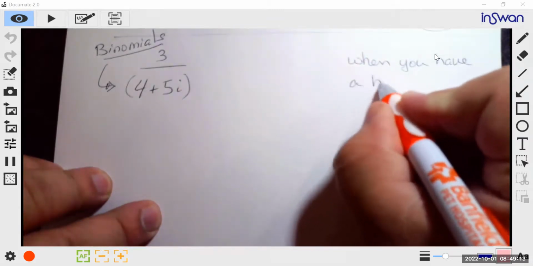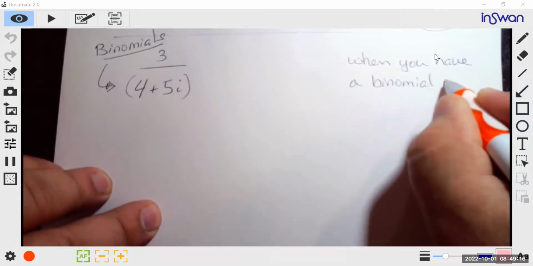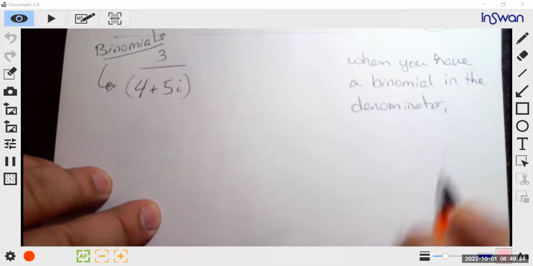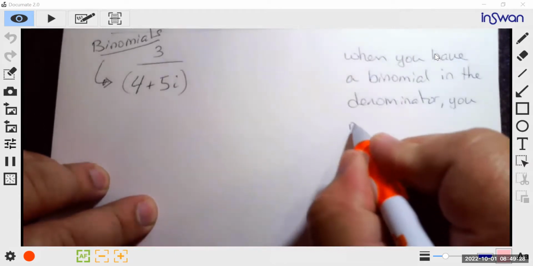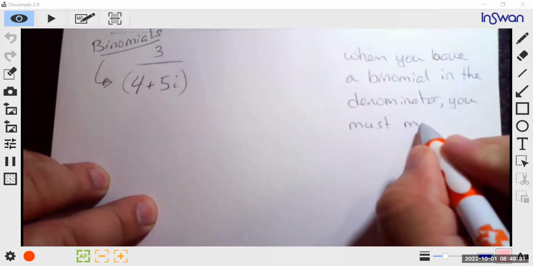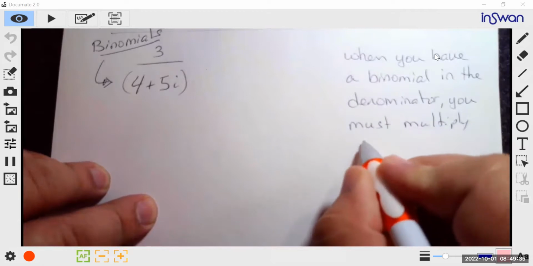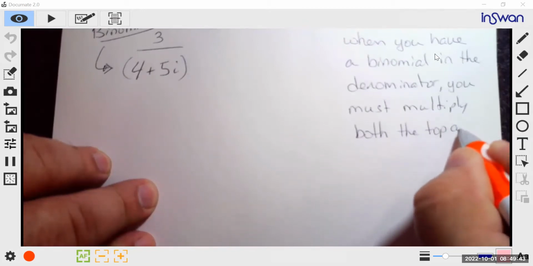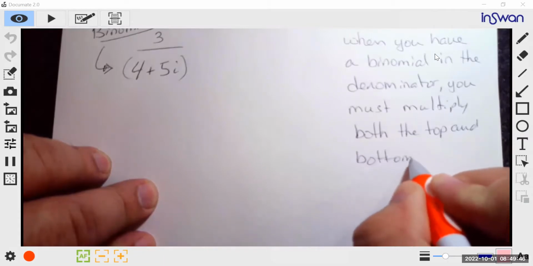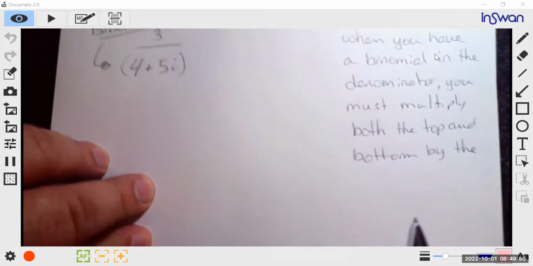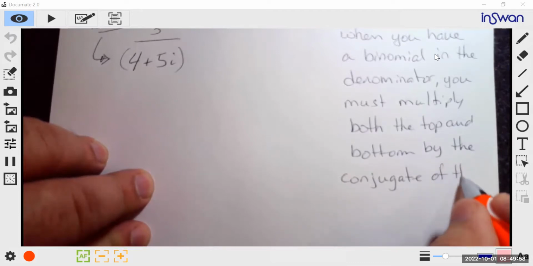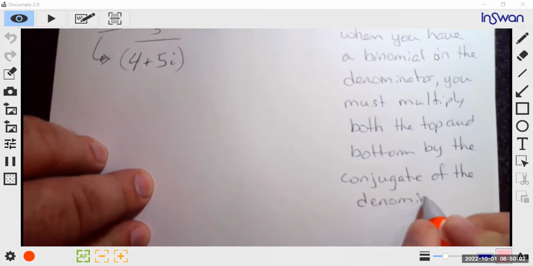When you have a binomial in the denominator, you must multiply both the top and bottom by the conjugate of the denominator, the bottom number.